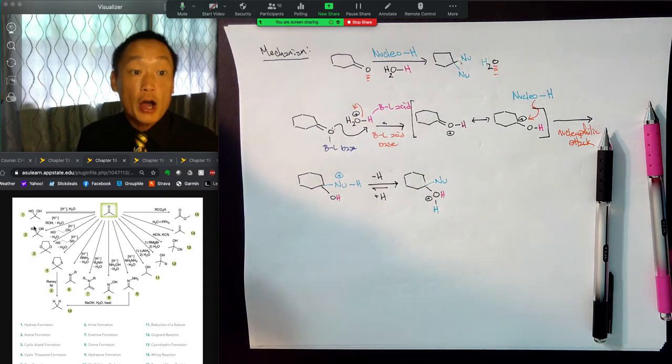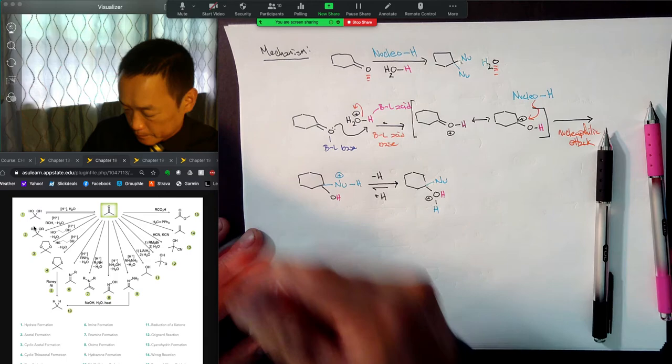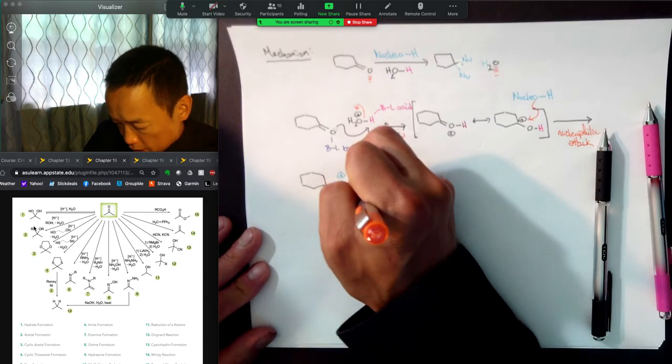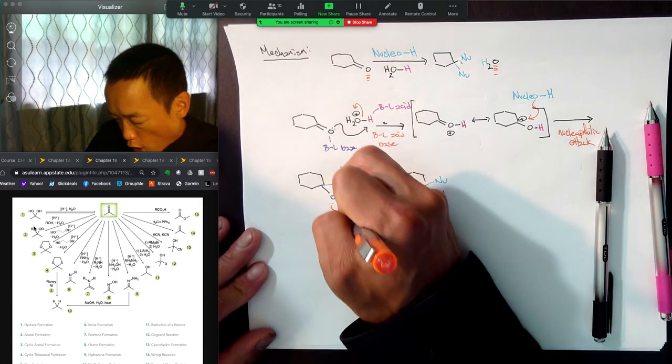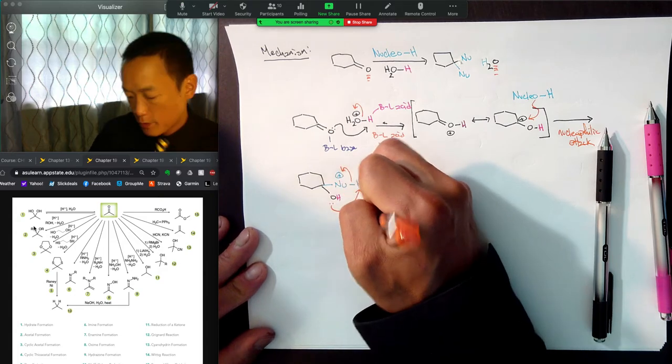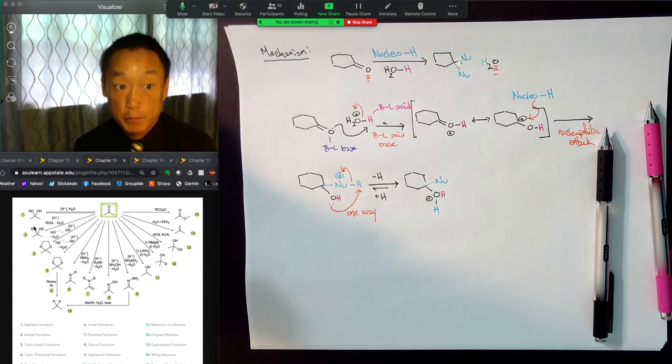We could draw a mechanistic arrow for that. And this represents one way by which this reaction could proceed.